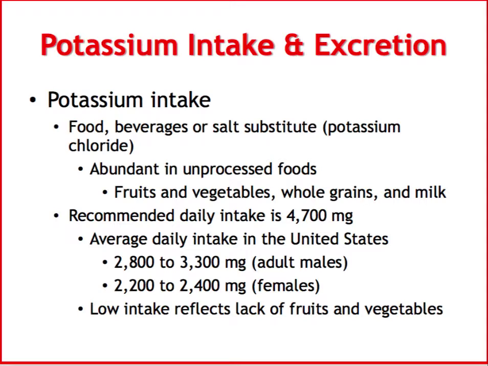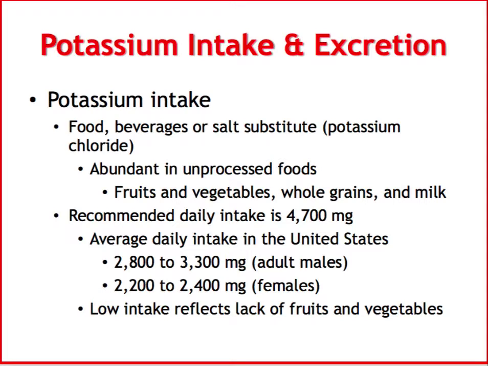The other electrolyte that we have talked about to some extent is potassium. Potassium is the major intracellular ion. It is found in food, beverages, and salt substitutes, as potassium chloride. It's highest in unprocessed food, and it's found in lots of fruits and vegetables.